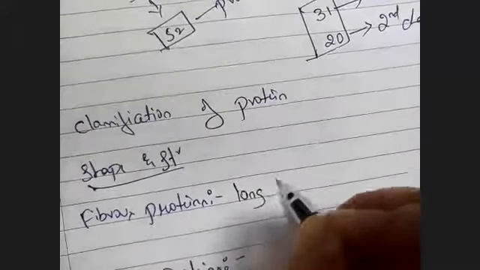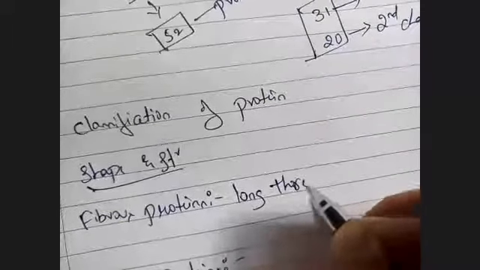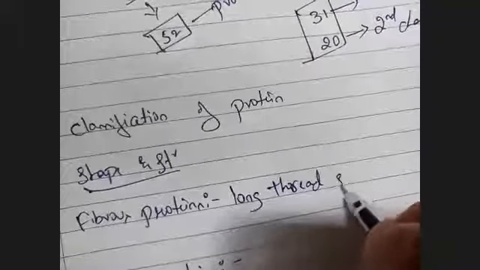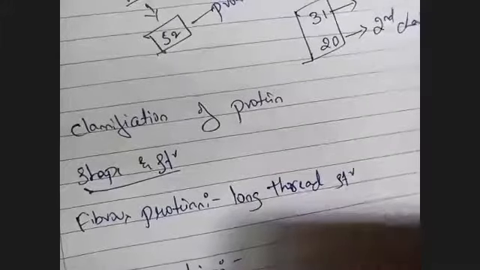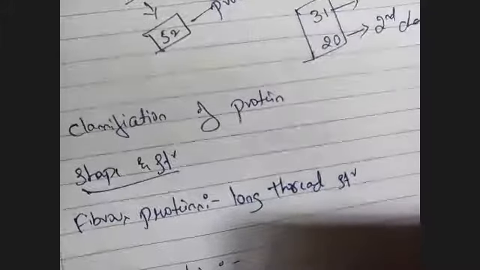What do you mean by fibrous? Fibrous protein is a type of protein with a long thread-like structure. They align themselves in parallel like fibres. I'll write the structure now.